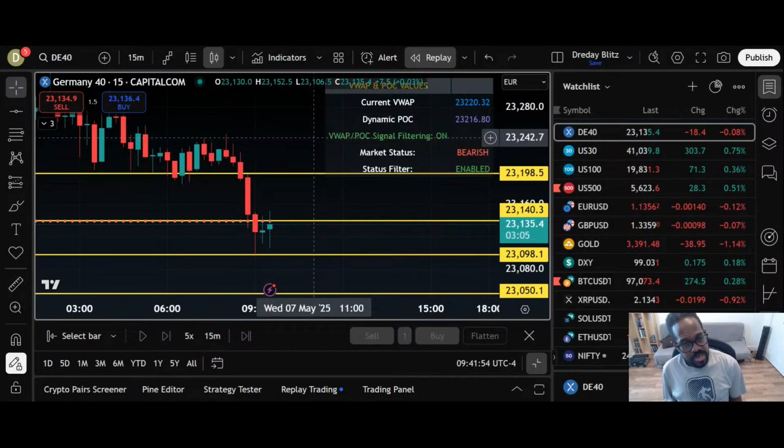And for the entry mechanism, it could be a wide range of entry mechanisms. So you have ADX entries, you have VWAP or POC entries, you have breakouts from previous support or resistance.